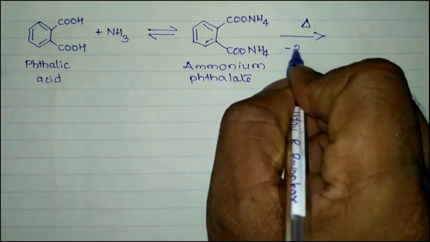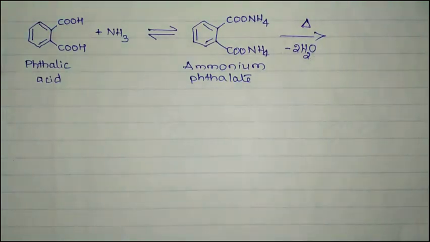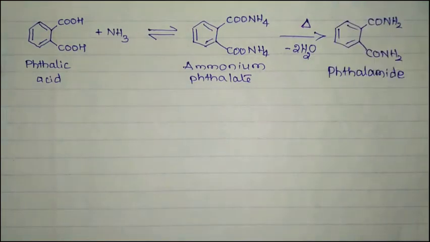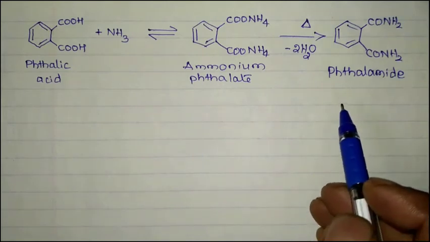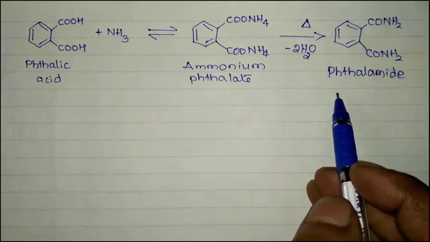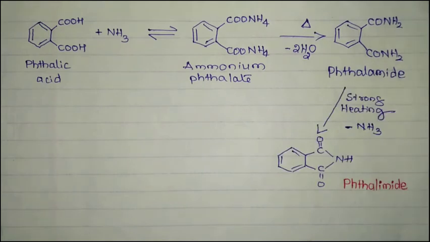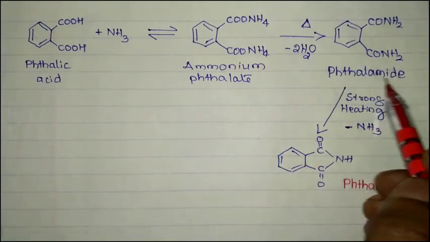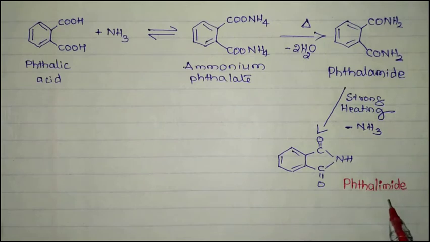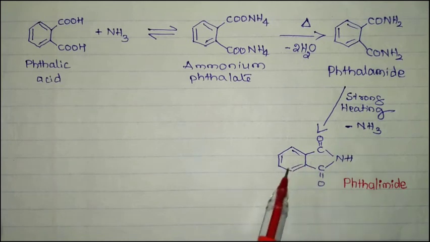It loses 2 molecules of water and it forms phthalamide. Phthalamide on further strong heating loses an ammonia molecule to form phthalimide. This is phthalimide. This is the third example.